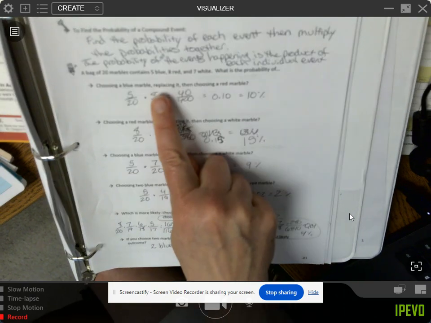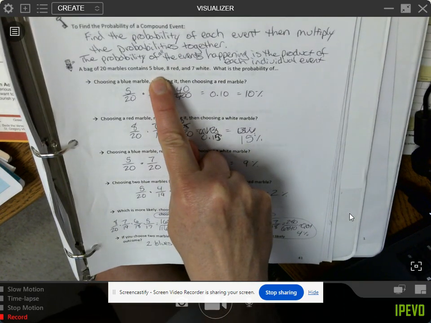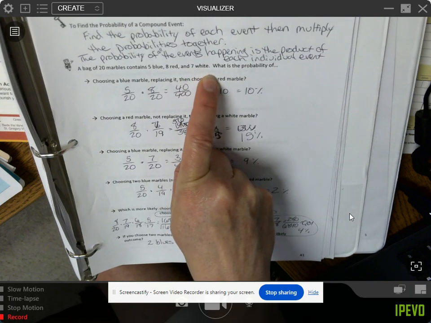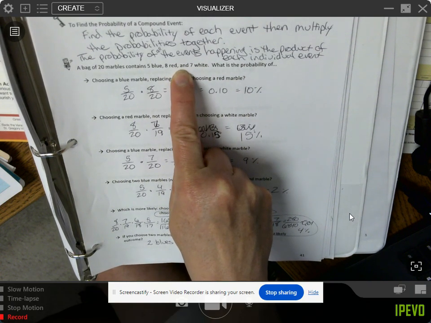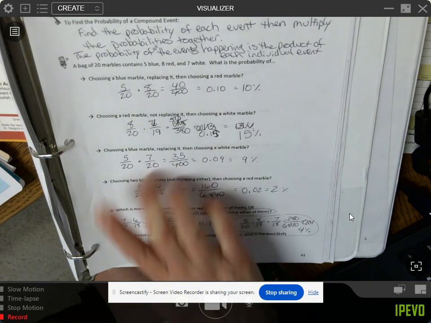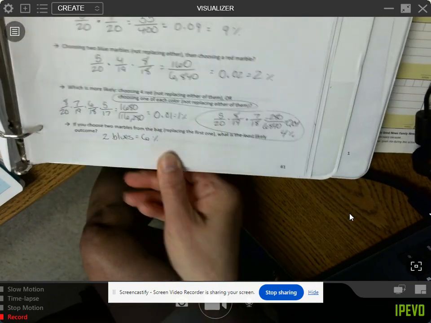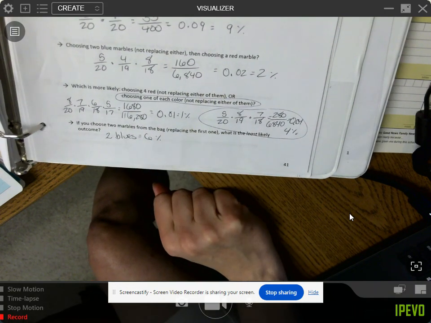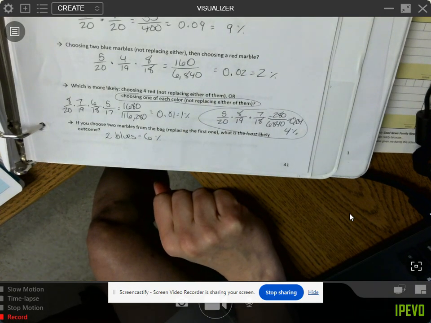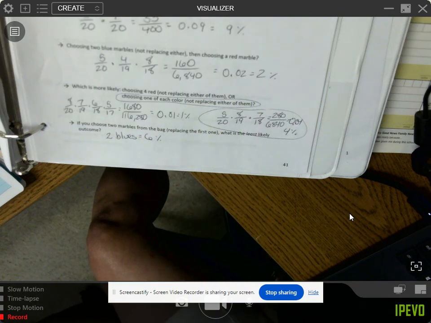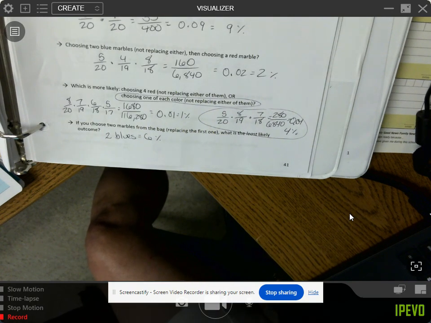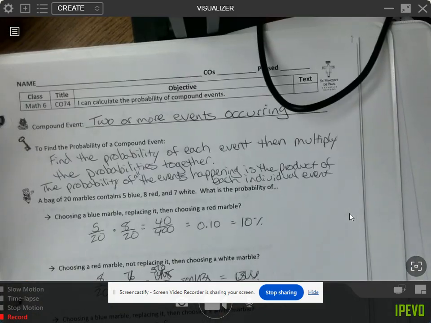So there are only 5 blue in our bag, whereas there's 8 red and 7 white. So the least amount of color would be the blue one, so that's the least probability that we could have. And it's actually a 6% probability of picking 2 blues. Because there's more reds and whites, if we had red or white in our answer, there's a higher probability of picking one of those because there's more to pick from. Does that make sense?